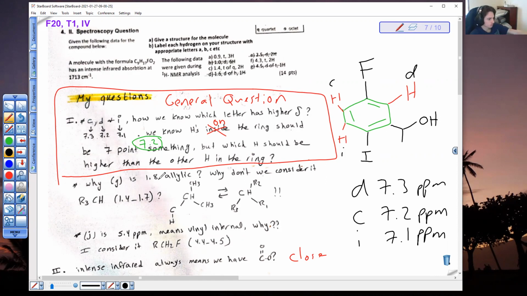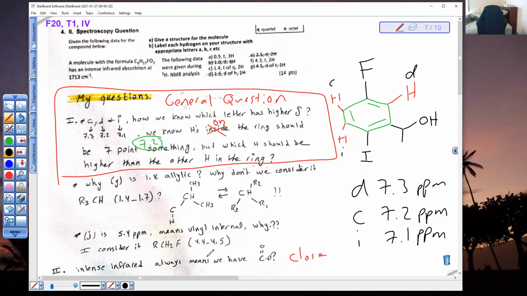On the table, it says 1.8 is allylic. 1.8 is also real close to this. I can't rule this out, so I would have to consider it. Sometimes you have two possible categories and you just gotta try them both out. And the one that works is the one that wins. If the other doesn't work, then this one wins. And vice versa.